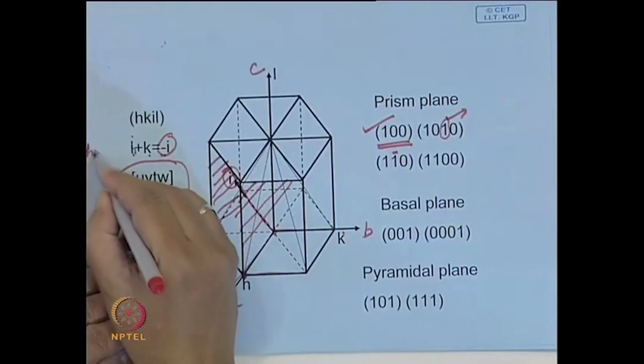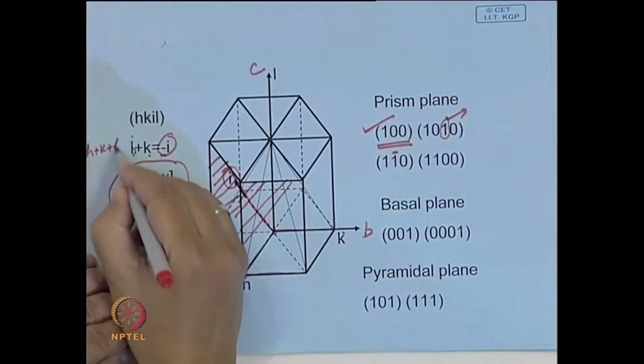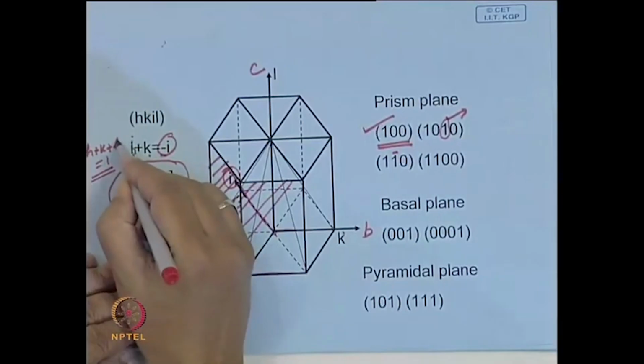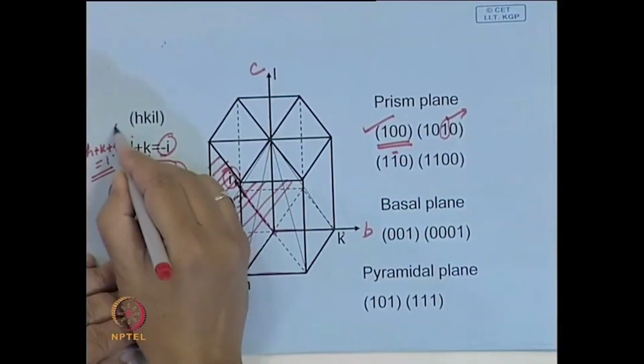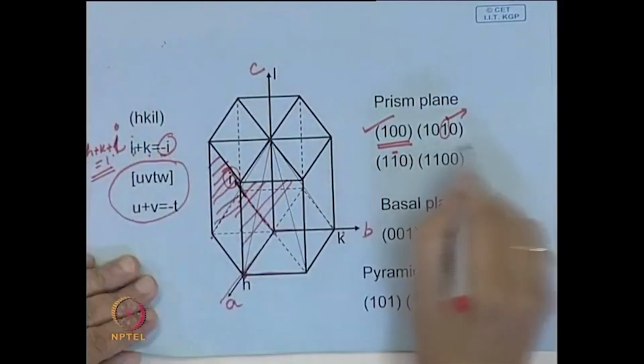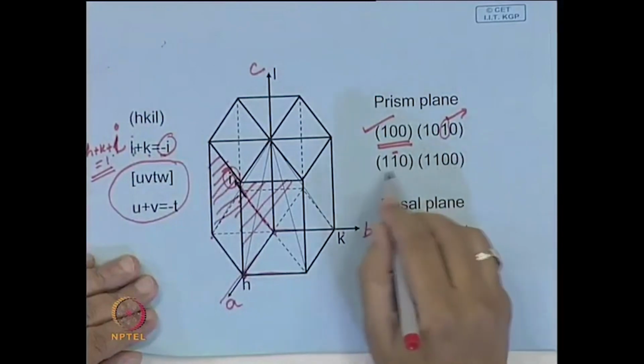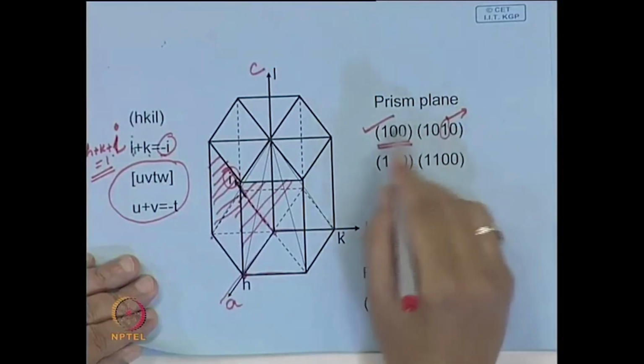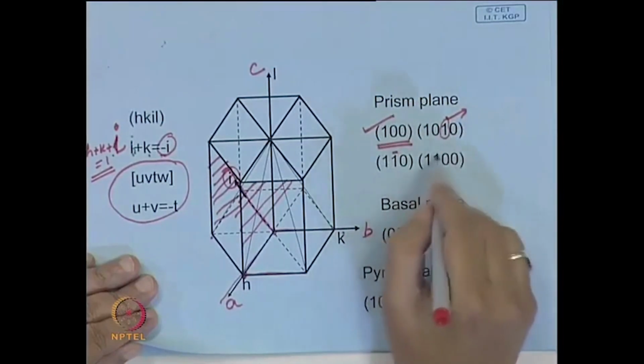So, essentially h, k, plus L, I is 1. In that case, they become similar. All prism planes will have similar indices.